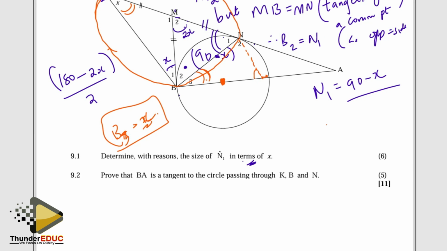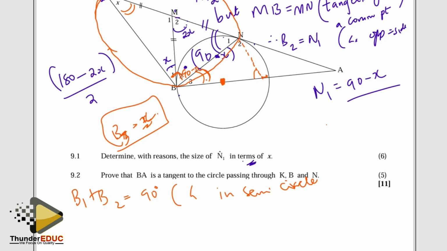Not a big deal. So now we know that B1 plus B2 is going to give us 90. That is angle in a semicircle. Even from what we just said, this is 90 minus x plus the x. This whole thing must give us 90.